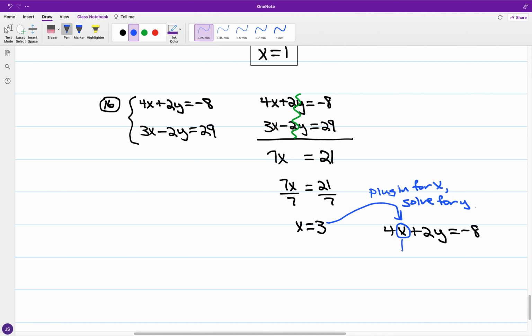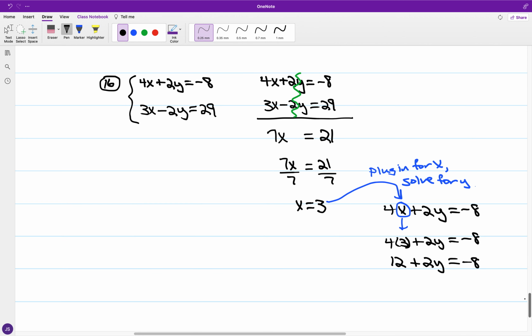I'm just plugging in for x, so we have 4 times 3 plus 2y is equal to negative 8. So we now got 12 plus 2y is equal to negative 8.